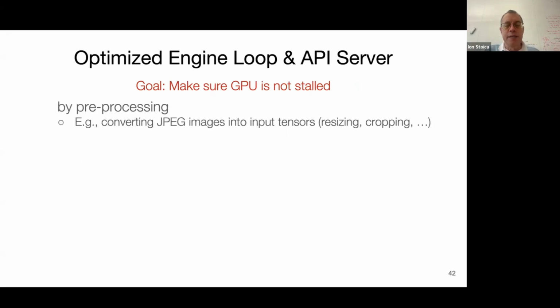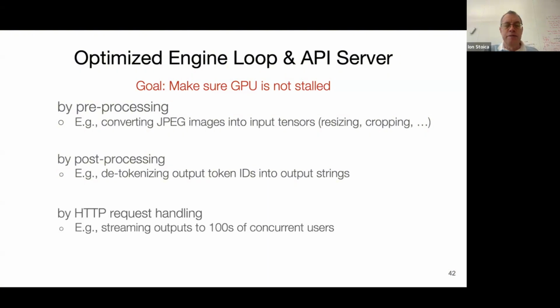In a previous case with V0, it was a pretty basic design, and it was possible to stall the GPU in a variety of ways, like pre-processing, converting JPEG images into tensors, tokenizing outputs, and HTTP request handling, because these are handled by CPU.